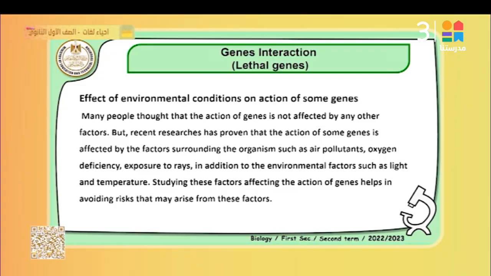But recent researchers have proven that the action of some genes is affected by the factors surrounding the organism, such as air pollutants, oxygen deficiency, exposure to rays, in addition to environmental factors such as light and temperature. Studying these factors helps in avoiding the risks arising from them.